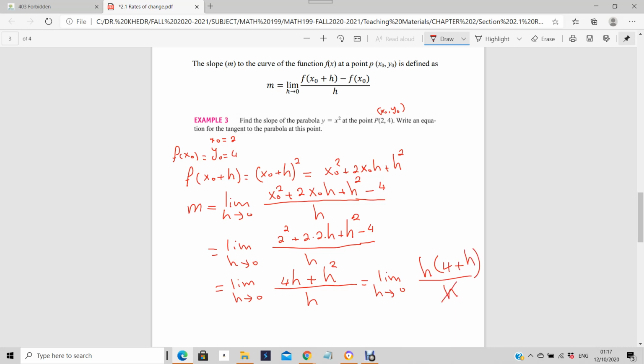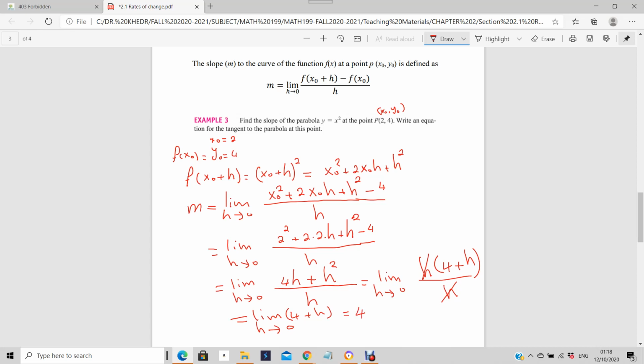So this h will be cancelled with this h, and the remaining will be the limit of 4 plus h as h goes to 0. We did learn how to find the limit of such a function by direct substitution. If you substitute h by 0, you will get 4.